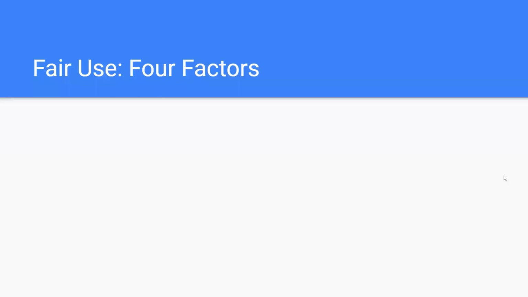Next, we're going to talk about fair use. There are four factors in fair use that you want to consider as you think through what material you can use. First, you want to think about the amount of the material that you want to use. If you find a copyright material that you would like to use, you need to think about the amount of that material you would like to use.